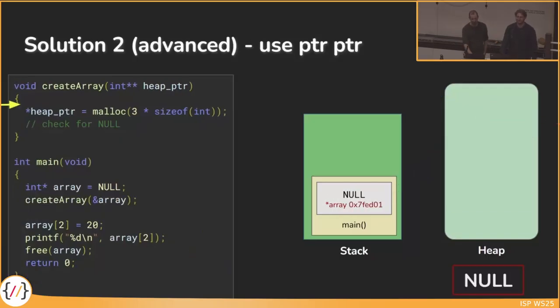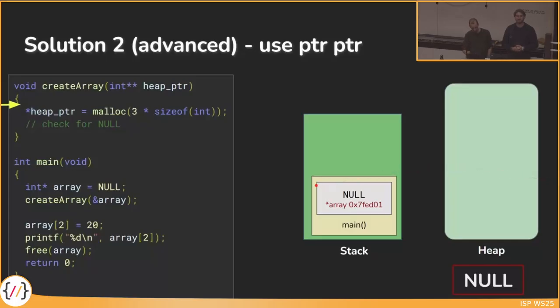The second one is the advanced solution, and sometimes you need that solution. And here you need to use pointers to pointers. I think we discussed it 2 weeks ago. It's just a pointer to another pointer, so it contains an address, and when you go there, there's another address stored, and when you go there, then you come to the value.